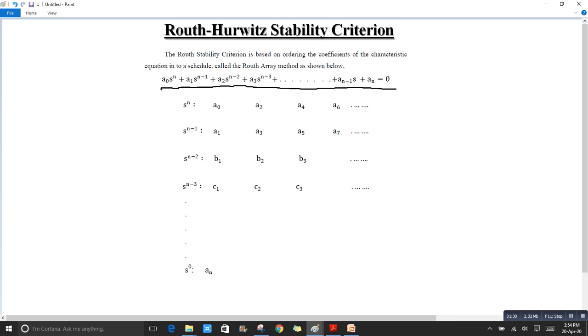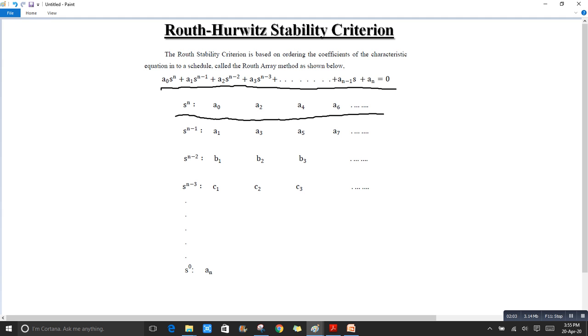In this equation, the first two rows can be written for the characteristic equation. I am considering n is even. The s^n row is formed by the coefficients of even order terms, that is, the coefficients of even powers of s.